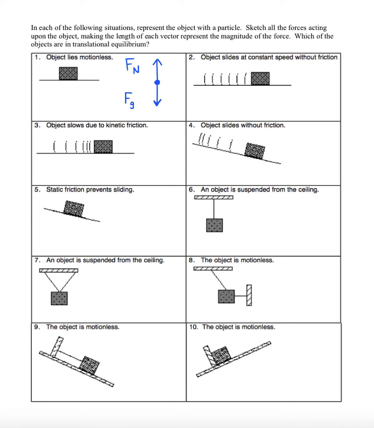Now the forces are balanced. This is an example of translational equilibrium. And one of the things that translational equilibrium implies is that there is no acceleration.